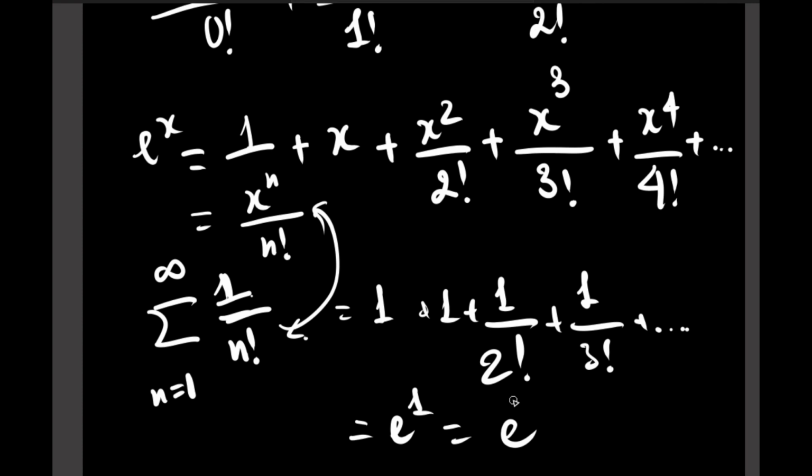Well, yeah, so it's kind of like that. Wait, hold on. No, it's not like that. I'm sorry. Because our index here is actually 1, and our index here is actually going to be 0.